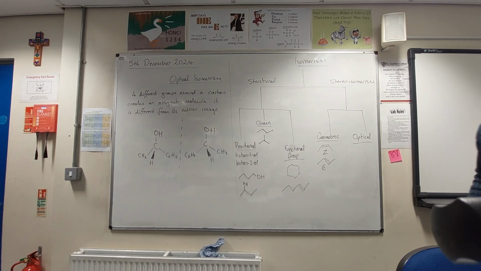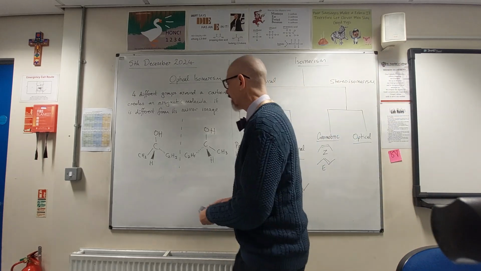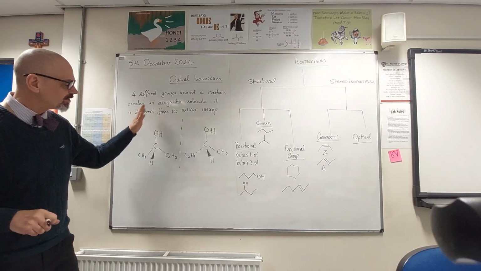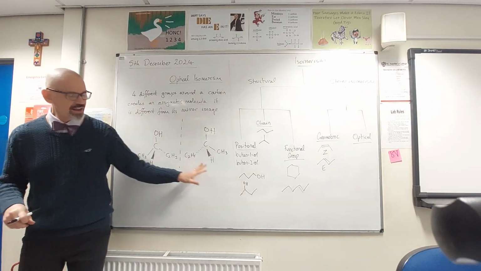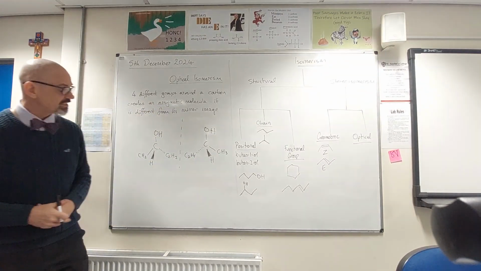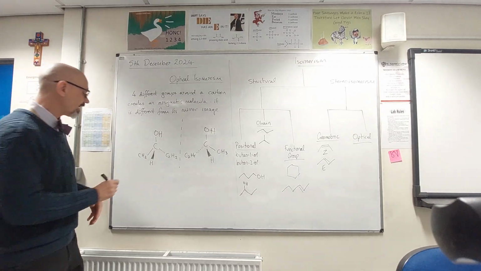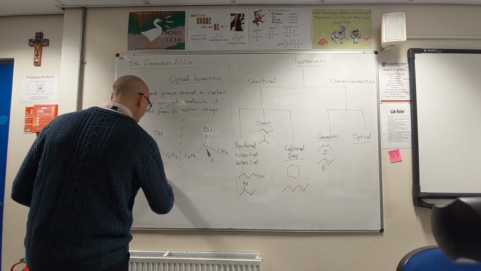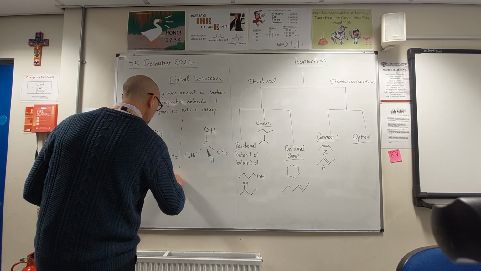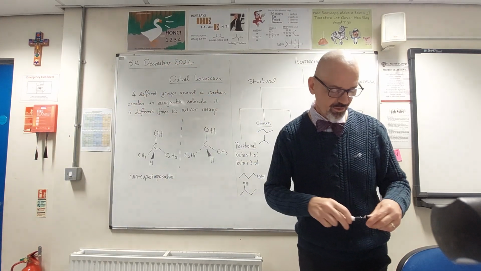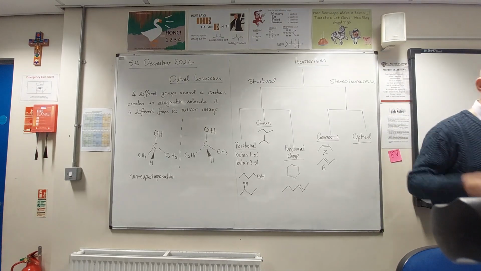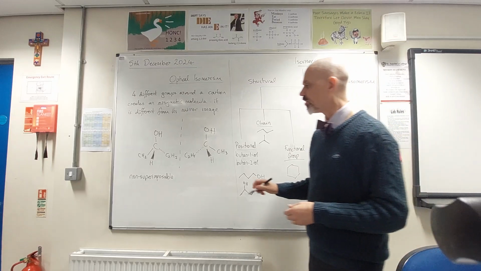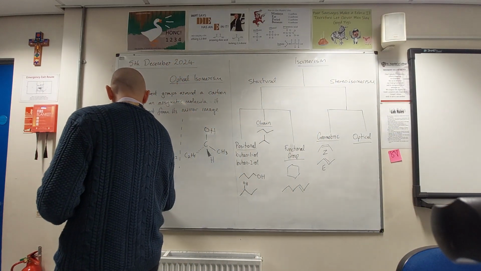Let's do some words now. So we already used the word asymmetric, meaning a mirror image of the molecule is a different molecule, a different isomer. We've also used this slightly clumsy word, non-superimposable, meaning that the two structures can't be superimposed on top of one another. The word that's used most often, though, is chiral.